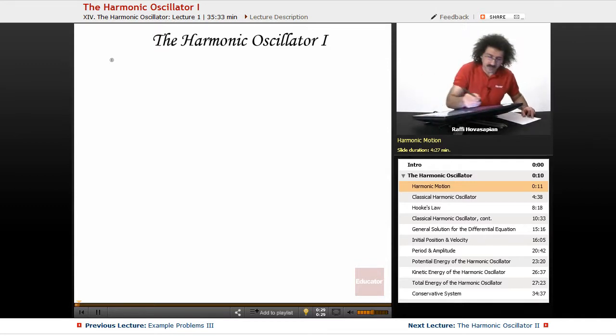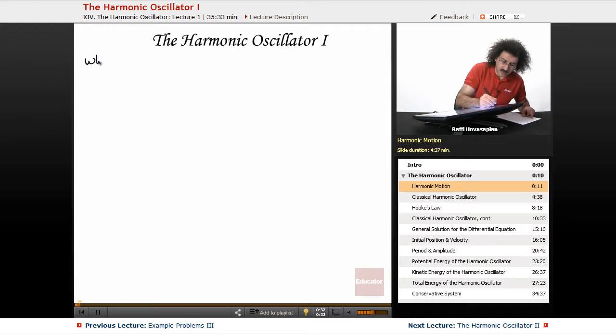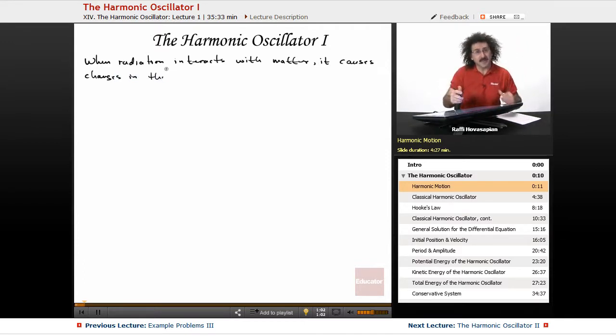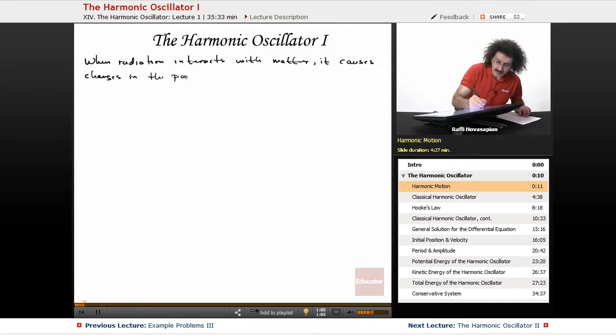So let's start with this. When radiation interacts with matter, it causes changes in the energy levels of the particles making up that matter.